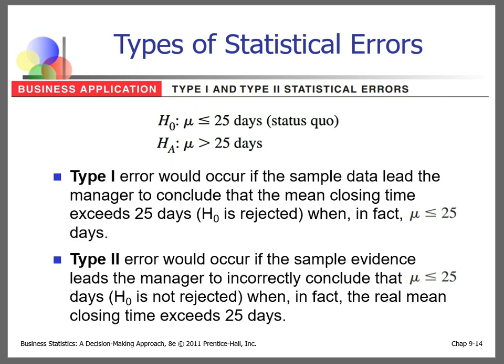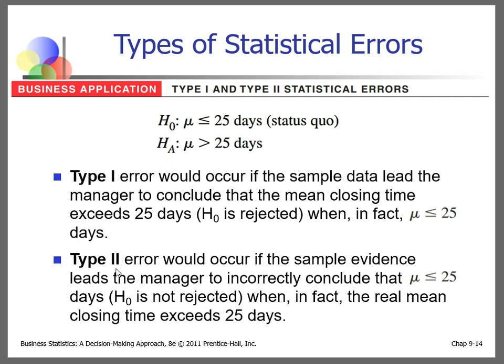In this application, a type 1 error would occur if the sample data led the manager to conclude that the mean closing time exceeds 25 days, when in fact the population mean is less than or equal to 25 days. If a type 1 error occurred, the manager would take no action to improve the closing times at Morgan Lane when in fact changes are needed to improve the customer service.